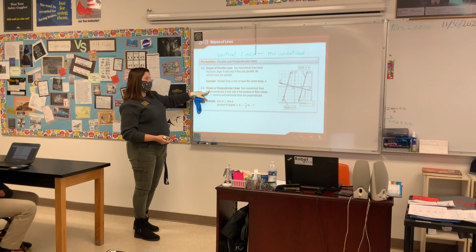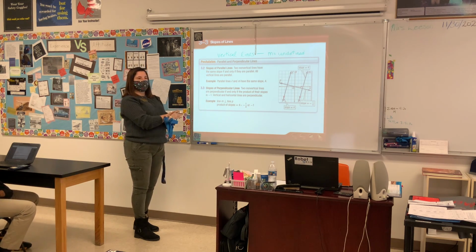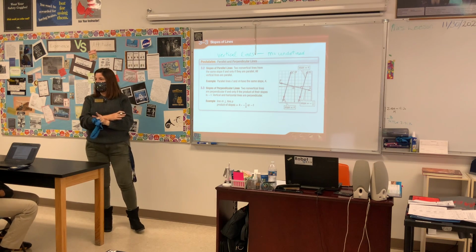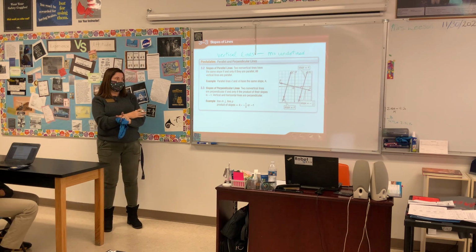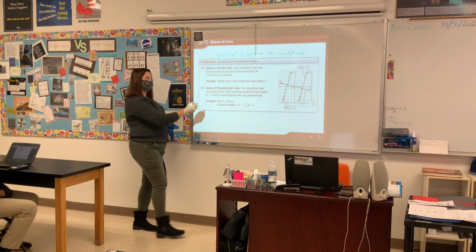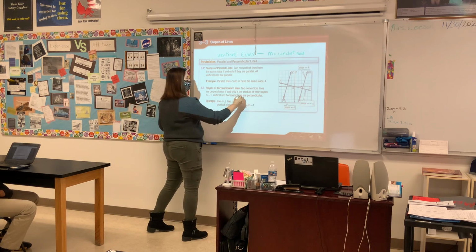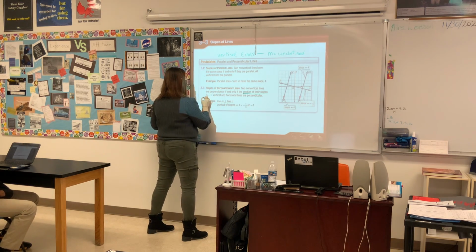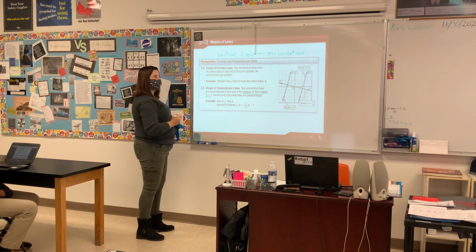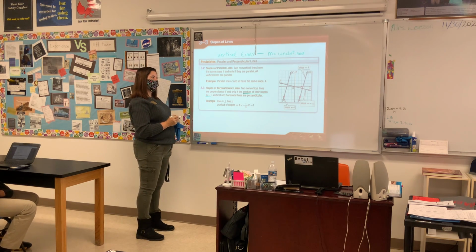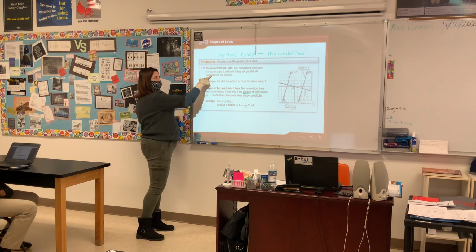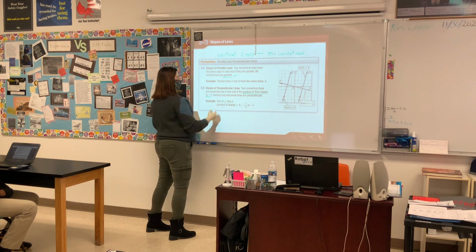Okay? Perpendicular lines, their slopes are inverse of one another. Okay? That the product of their slopes is always going to be -1. So all we're looking for is, hey, do they have the exact same slope? Then they're parallel.